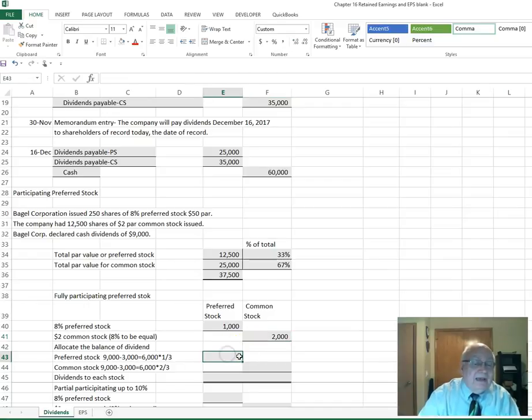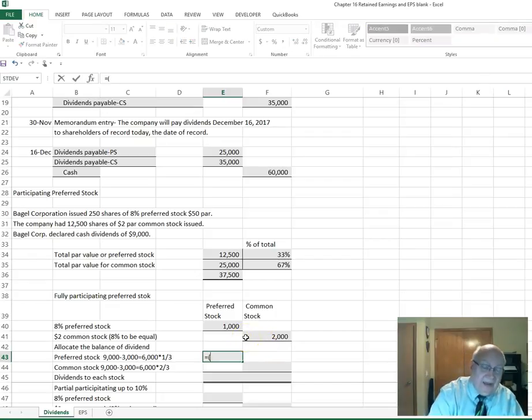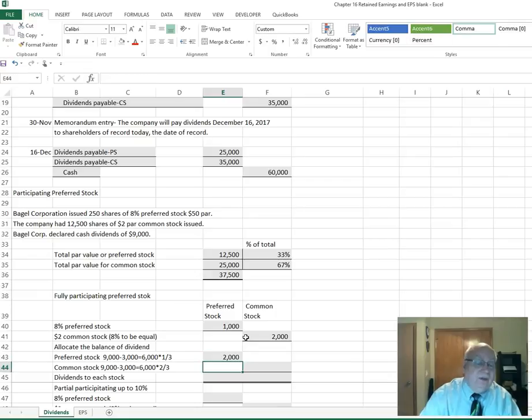Now, fully participating, they receive 1/3 of the balance. We have a total of $3,000 that we have used. So we had a total of $9,000 that was declared, minus the $3,000, times 1/3, or they get an extra $2,000.